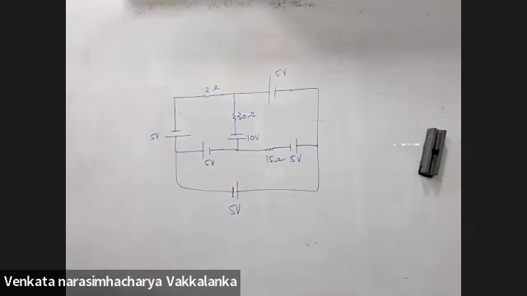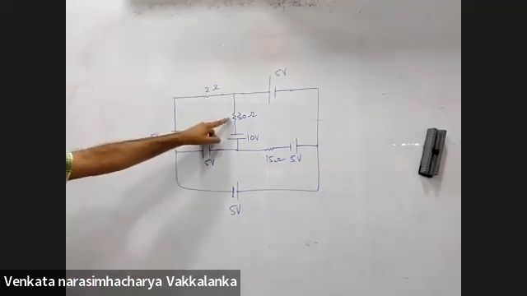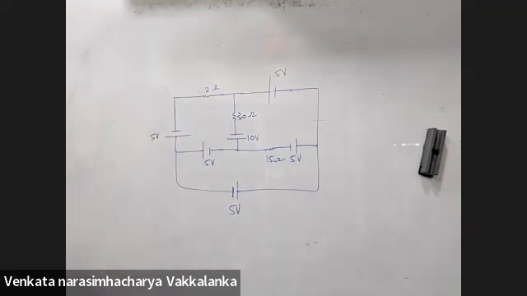Find the current through the 30 ohm resistor and the 2 ohm resistor. Find the current in both the resistors.